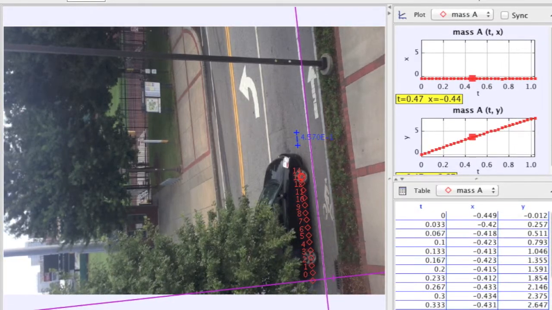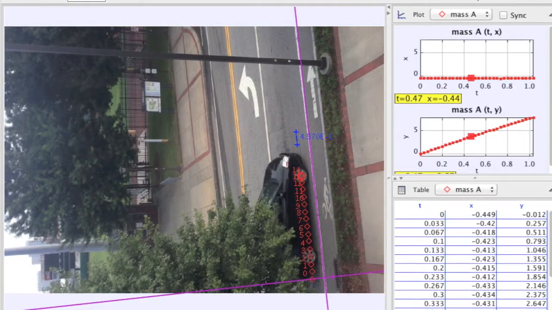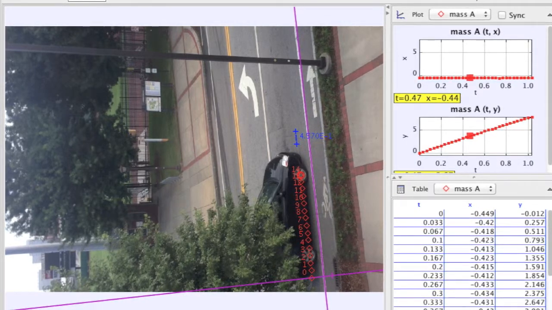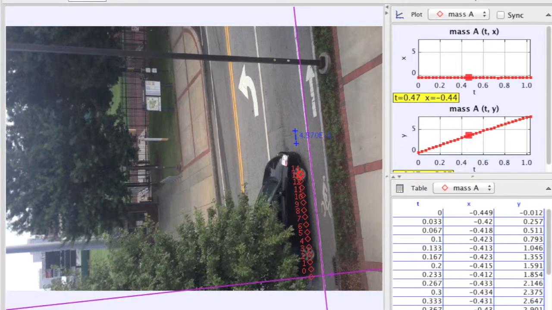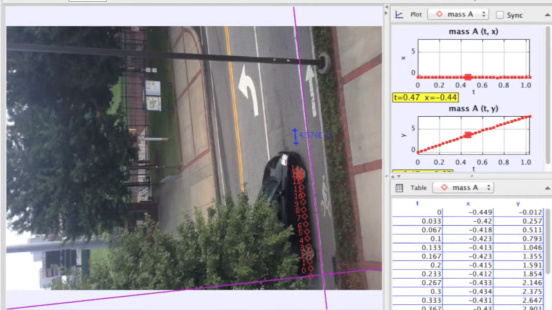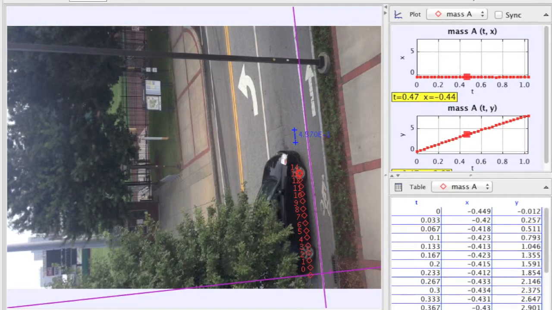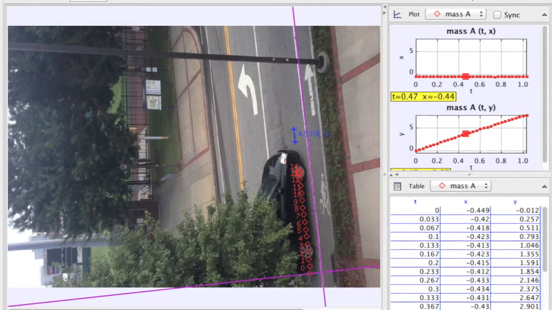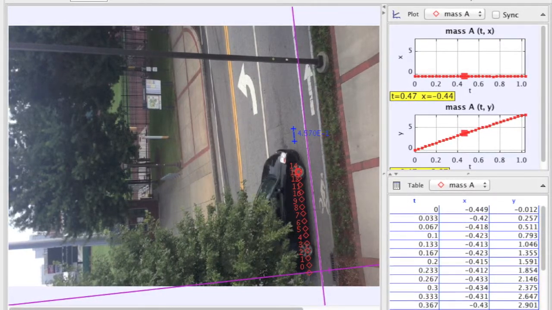In order to calibrate my object, I used the front right hubcap of the car, which I determined was 0.4 meters in diameter. Also, you can see that this road isn't perfectly straight, and I couldn't get the axis 100% aligned with what I wanted. So there is slight motion in the x direction, but it's negligible compared to the change in y. So that accounts for the discrepancy.